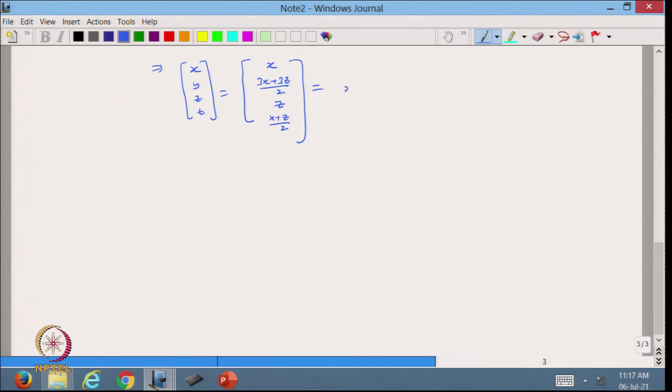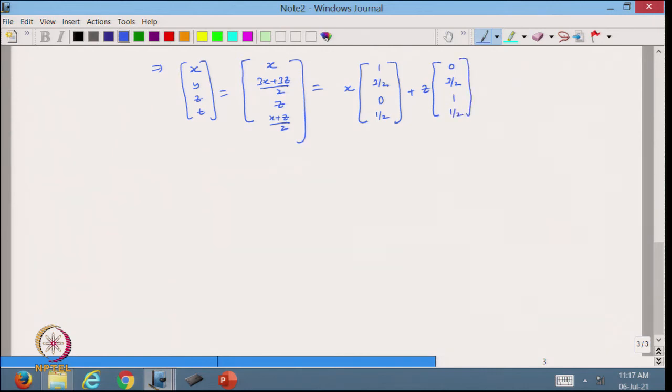and from here I can write my x as 1, 3 by 2, 1, 1 by 2, plus z, 0, 3 by 2, 1, no it is 0 basically, x x x, and z is coming from here 3 by 2, 1 and 1 by 2.